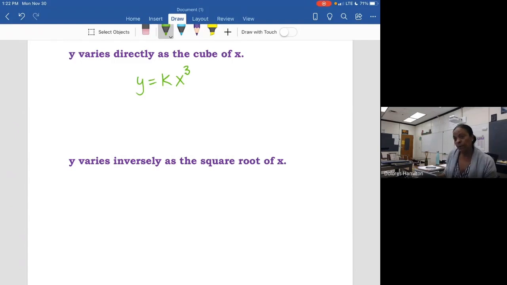Below, you'll notice that it says y varies inversely as the square root of x. Well, it's the same idea. I know inverse variation as k over x, but in this situation, instead of writing it as x, we write it as the square root of x.